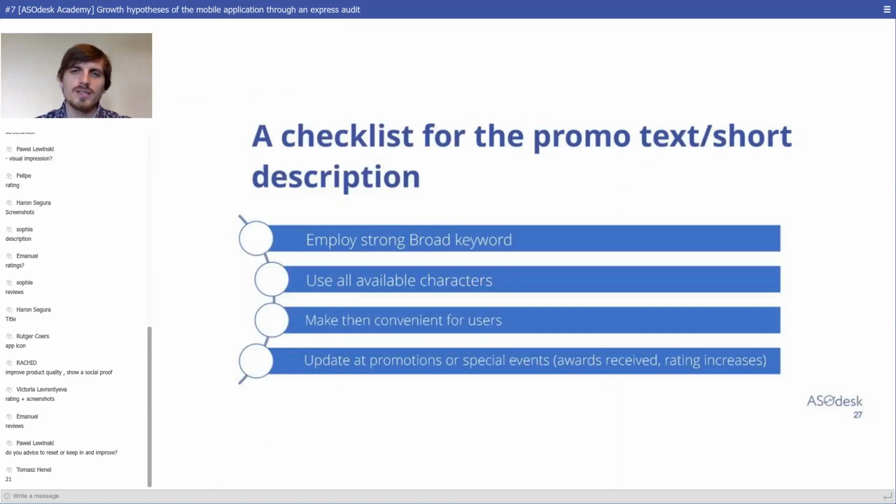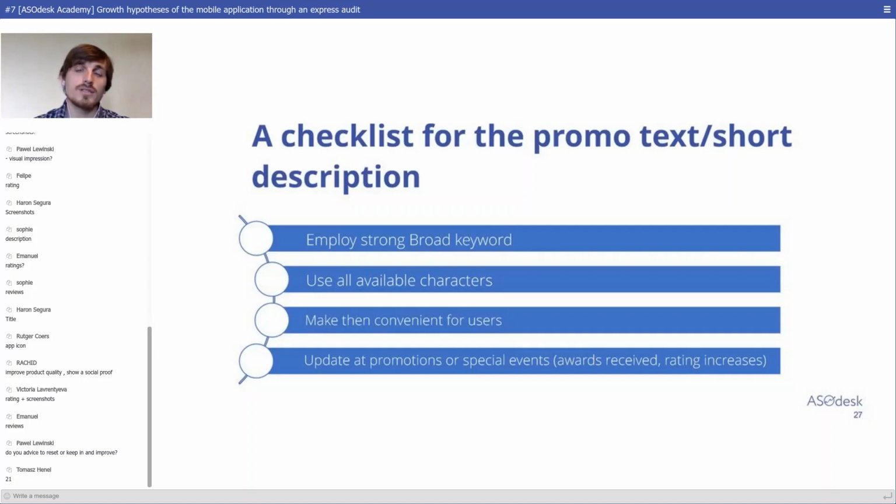Another thing is about the short description or promo text, to employ strong broad keywords there. We are using keywords which are important for App Store optimization and for conversion, to make the user understand what your app is about. It's important to use all available characters, make it convenient for users, and update the promotion for special events.